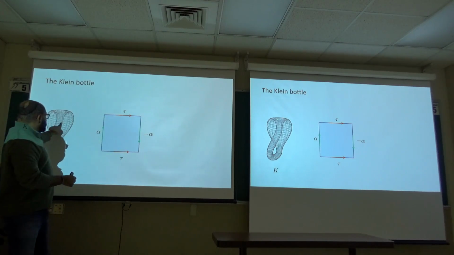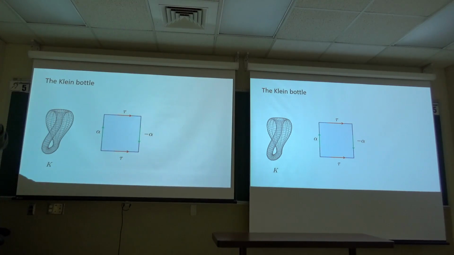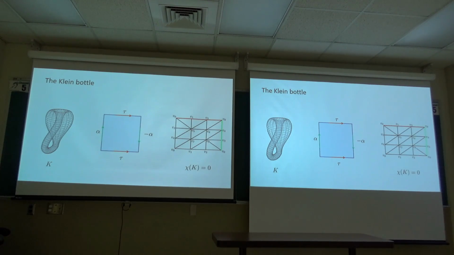That's what this is doing. In particular, it's a space that you cannot realize in R3 without self-intersections, but you can do it in R4 and R5 as well. With that model of the Klein bottle, we can triangulate it and check that the Euler characteristic is 0.